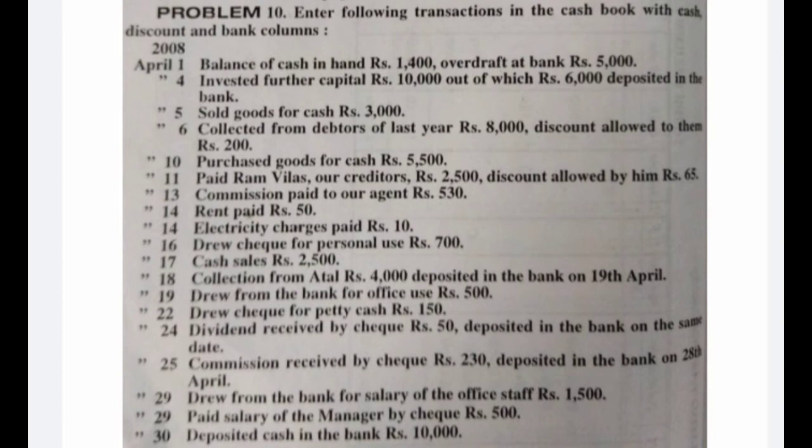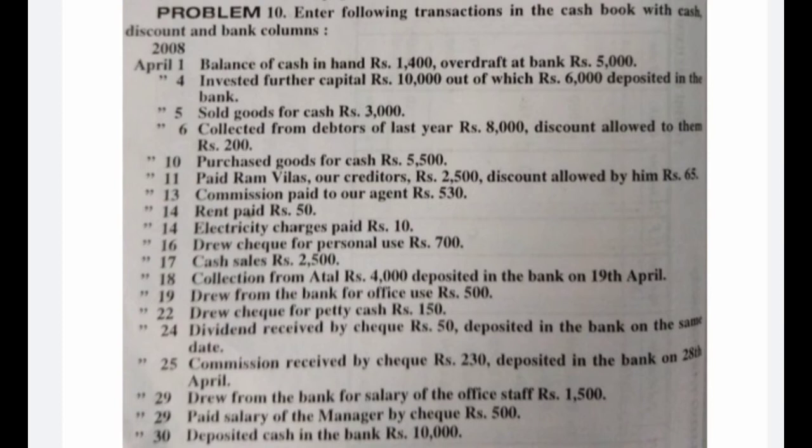Overdraft is nothing but credit balance in the bank. So credit balance by balance brought down in the bank column on the credit side of the cash book with rupees 5000.